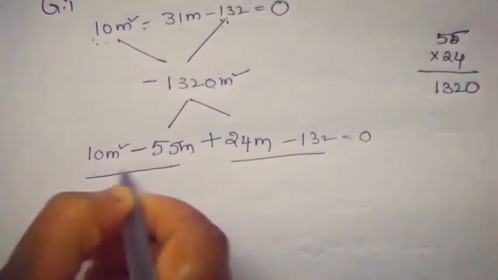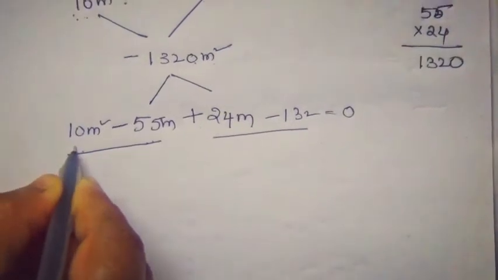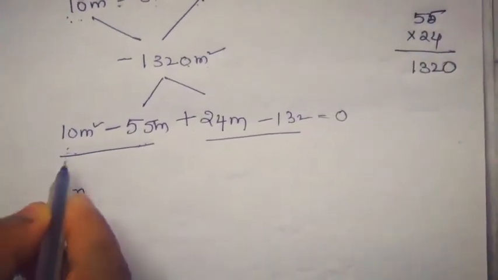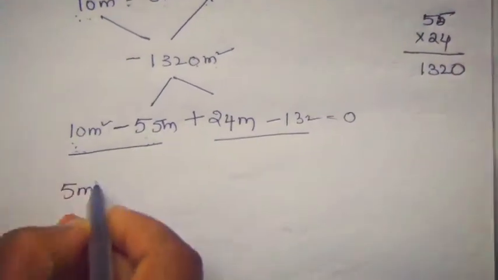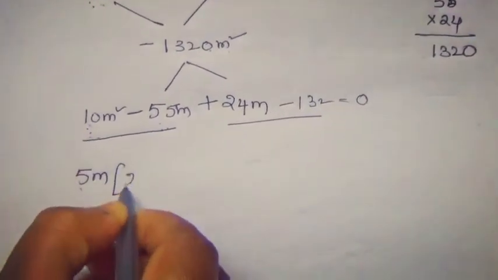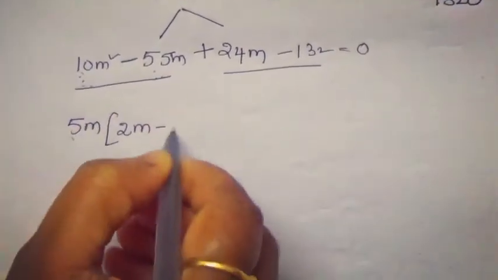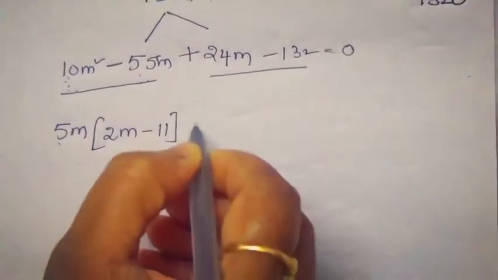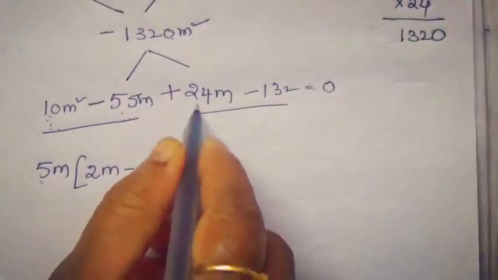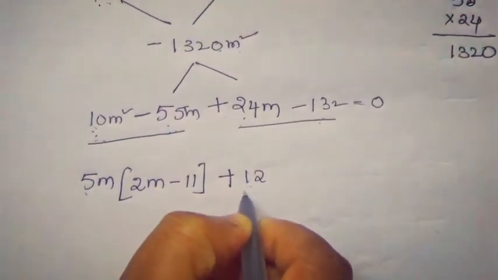What is common between these two? 5m is common. 5 is a factor for 10 and 55. So I am taking 5m as common. Here it remained 2m minus 11, in the 5 table 11 times. Plus, 12 I am taking as common.